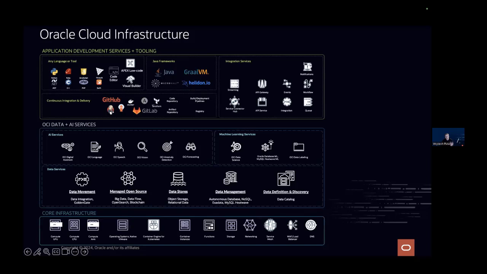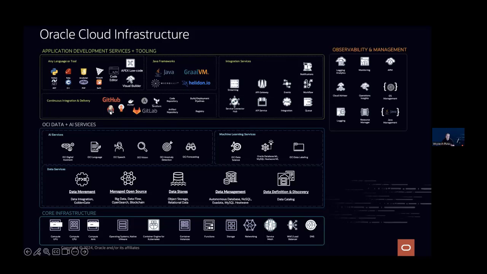We are investing in AI as well as our core infrastructure, so things like GPUs, compute, ARM, and so on that can be leveraged for any business needs that you might have.